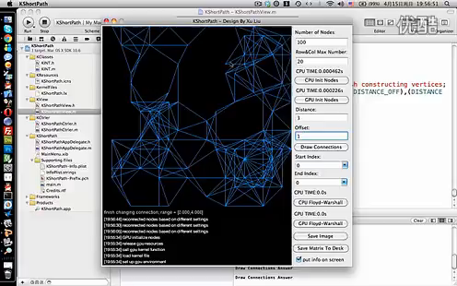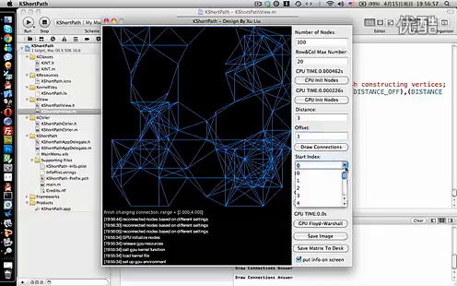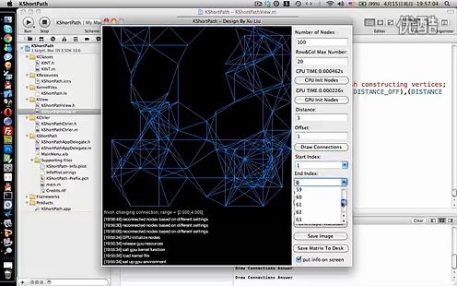So now what I do is select a start index. This is the node index. For example, I choose 1, and then I choose 71, and then here I click CPU to calculate the path. So what will happen?